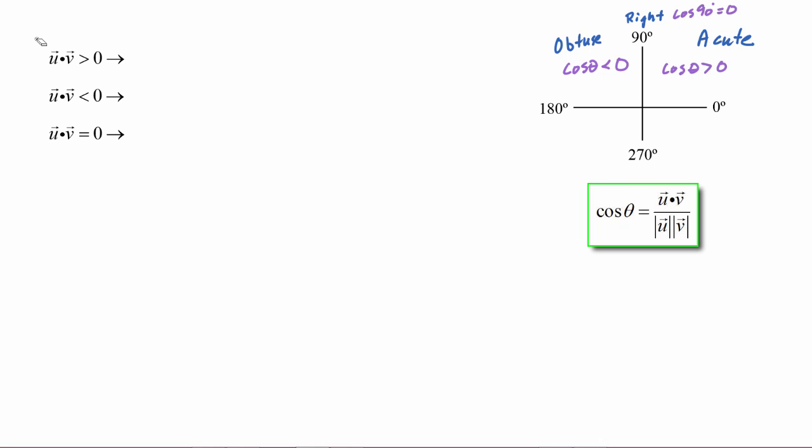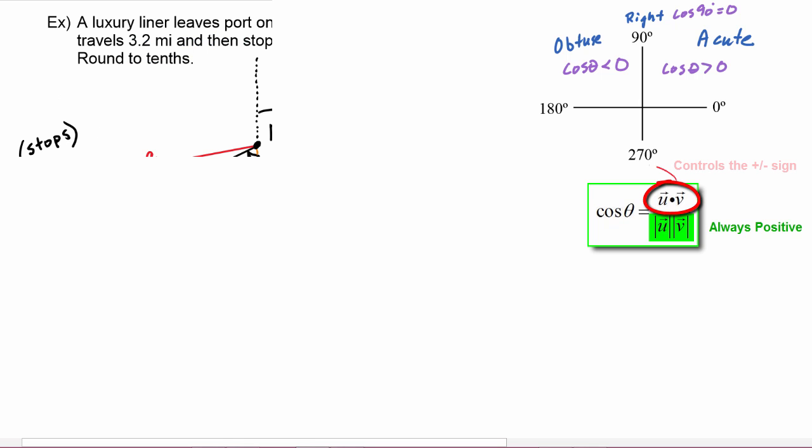Now let's put this all together. If the dot product is positive, that means cosine of theta will be positive. Because remember, in our equation, cosine theta is equal to vector u dotted with vector v over the product of the magnitudes of the vectors, which are always positive. So the positive or negative sign of cosine is controlled by the positive or negative sign of the dot product.